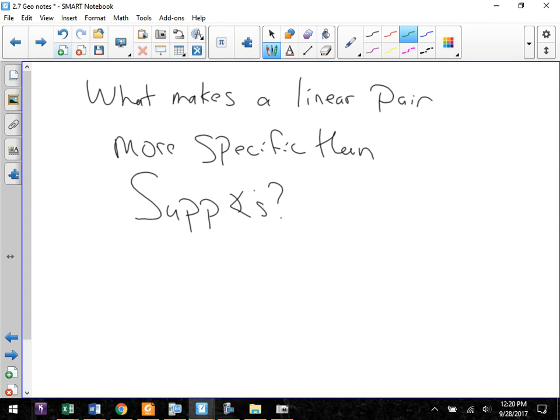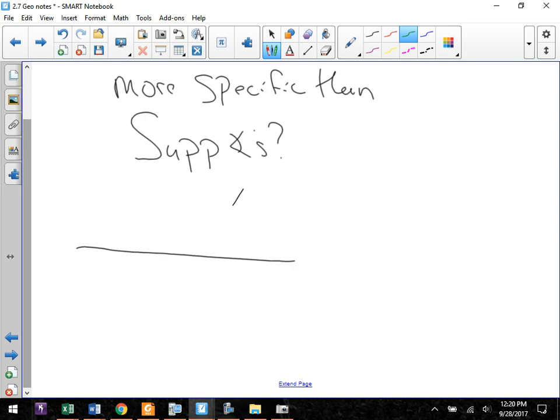So a linear pair is the more specific version of supplementary because the two angles will always make a line. The two angles will always add up to equal 180 degrees, but when they're supplementary, they don't have to necessarily be next to each other. They can be in different parts. Linear pair is just a fancier version of a supplementary angle. Hence the word line. But we kind of remember that, right?